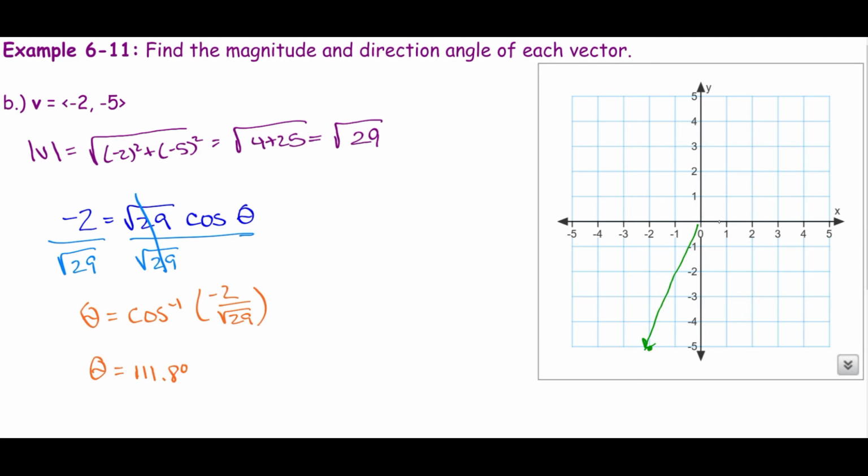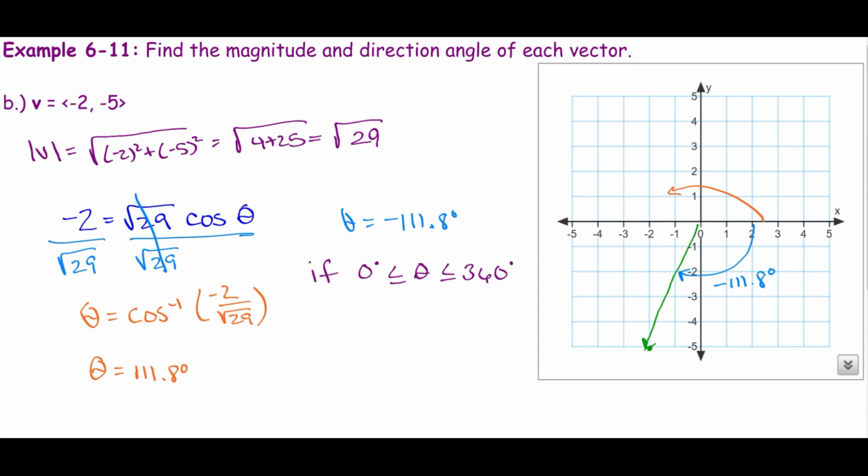Again, if I look at where 111.8 degrees would be, it would take me into quadrant 2, but my vector is not in quadrant 2, my vector is in quadrant 3. So I have to do this rotation instead, which is going to be the negative 111.8 degrees.